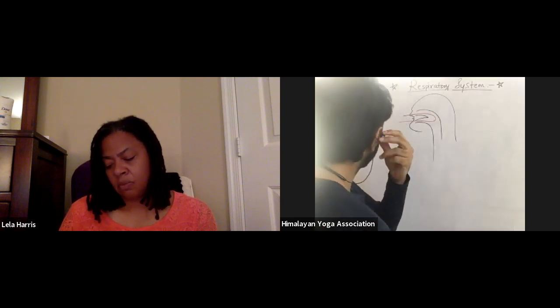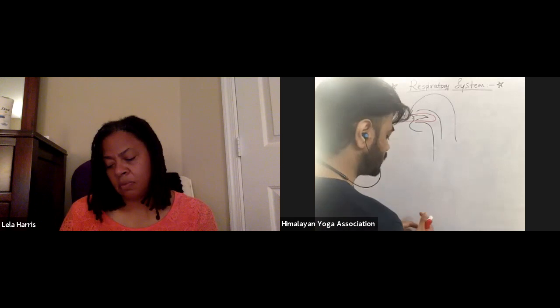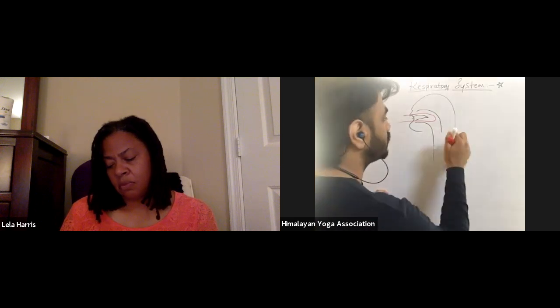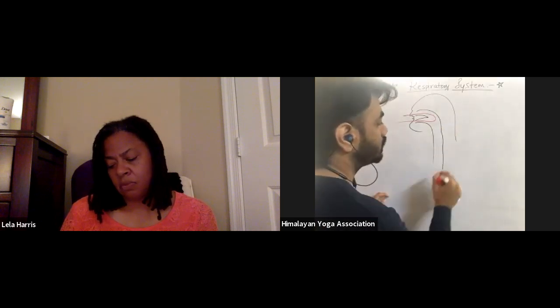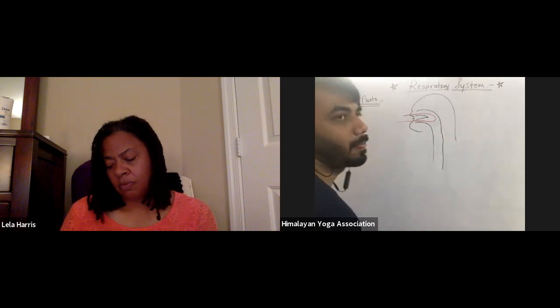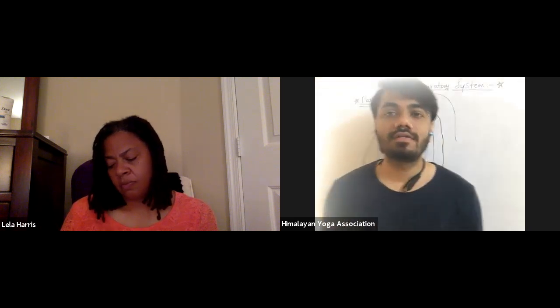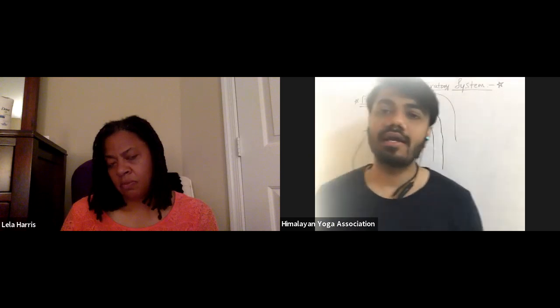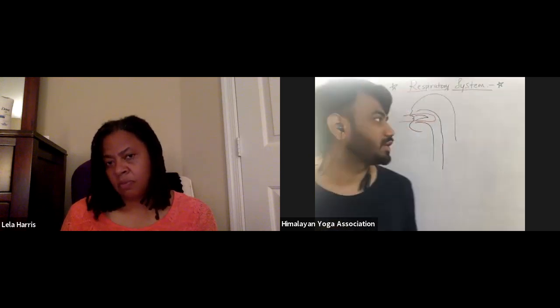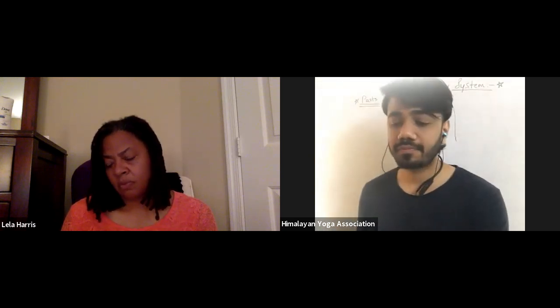Now, the next section is the windpipe, where we will start with the trachea and its branches. So it will take quite a long time.